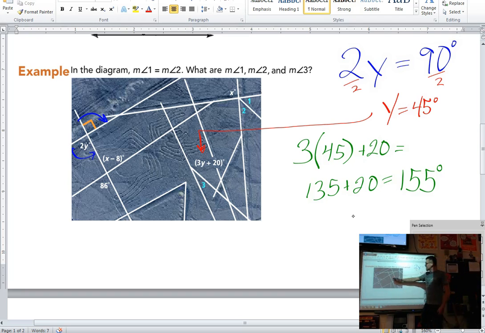So if this angle now, I'm told, measures 155 degrees, sorry you can't really see the green from your perspective, but you got it. Then how could I use that information to figure out angle 3? Wait, what is that angle at 3y?